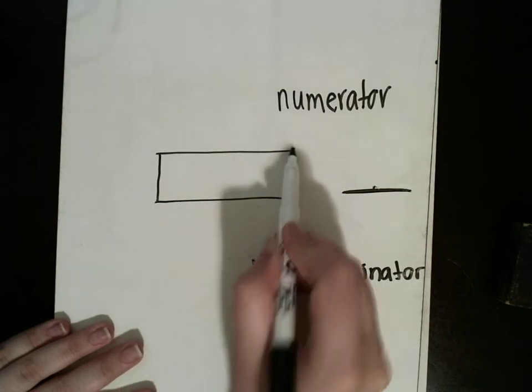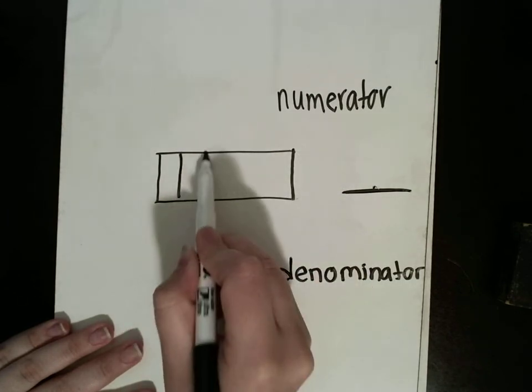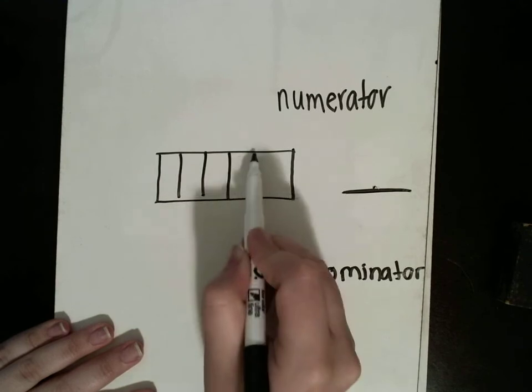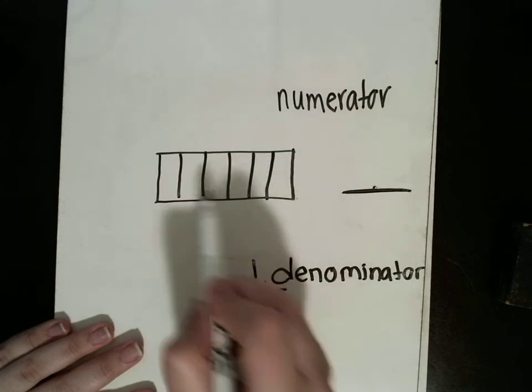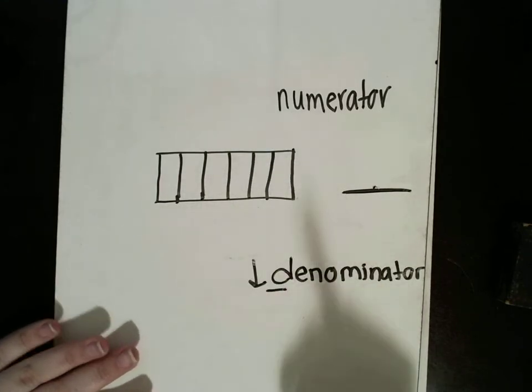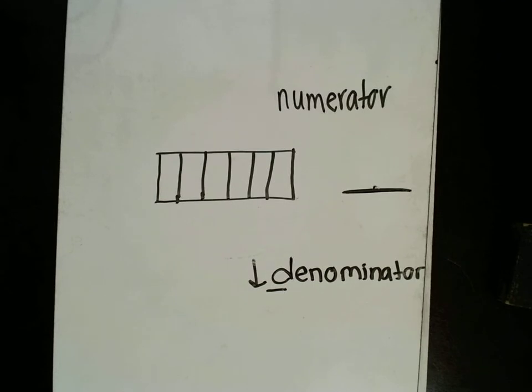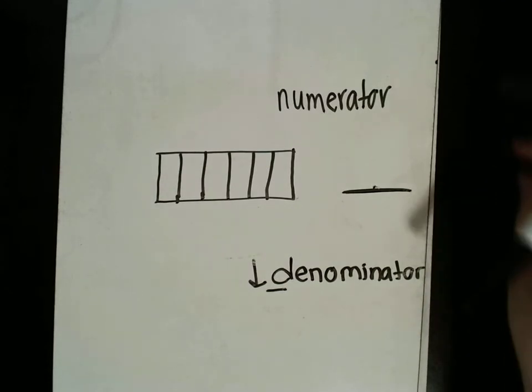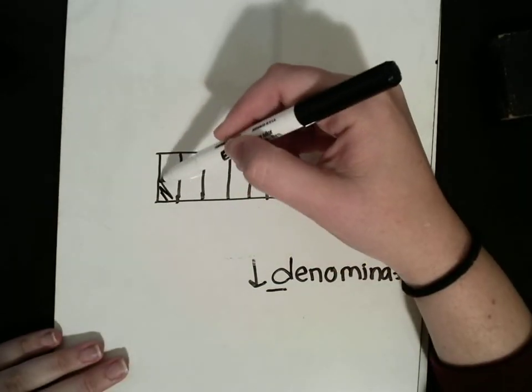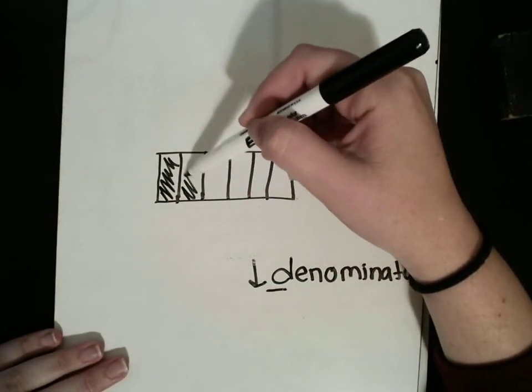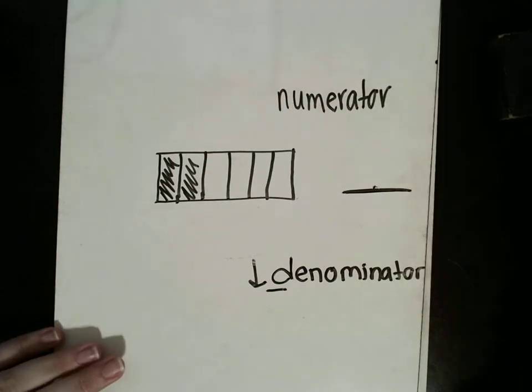I'm going to do something different. Alright, again, pretend like my shape is perfect and all these pieces are equal. So I'm going to shade in some of these. I'm going to stop right there.